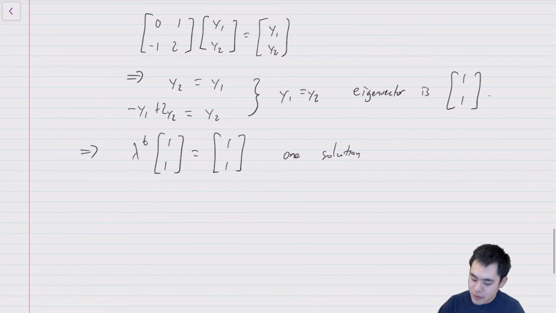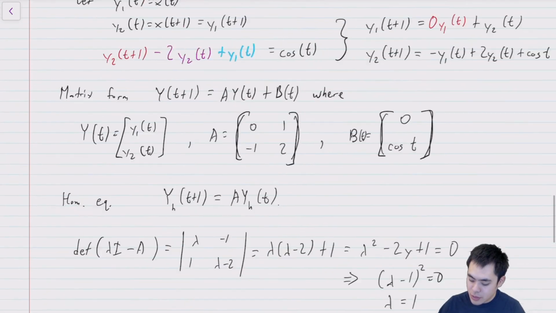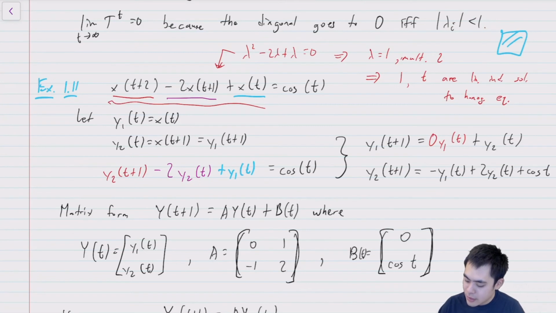So here this solution corresponds to the one solution, because of course we had here that y1 is just x of t. So if y1 is just x of t, and y2 is x of t plus 1, then we can use that and plug that in to our other solution here.